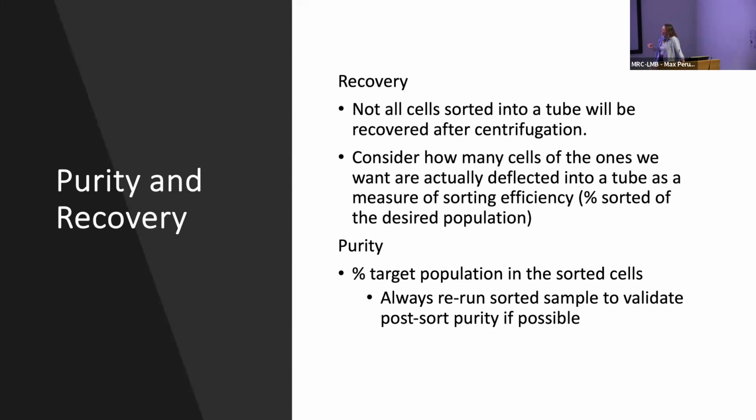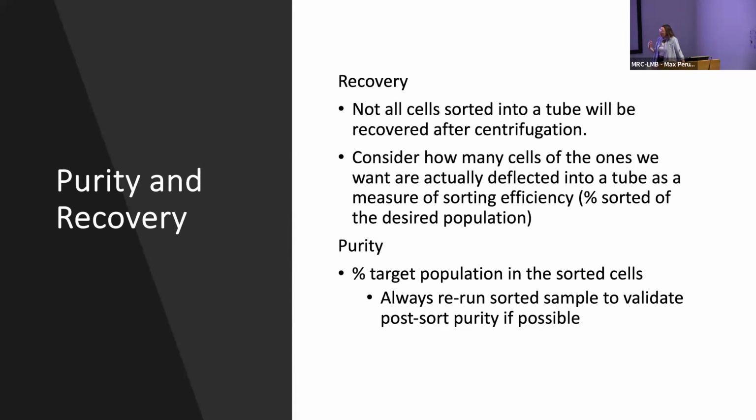So what we need to consider is how many of the cells we want are actually deflected, as a measure of sorting efficiency. That's the percent sorted of the desired population. Normally what I tell people is, if you have a high enough number of cells, you should always spin them down after you've sorted them and then resuspend. You should see a pellet.